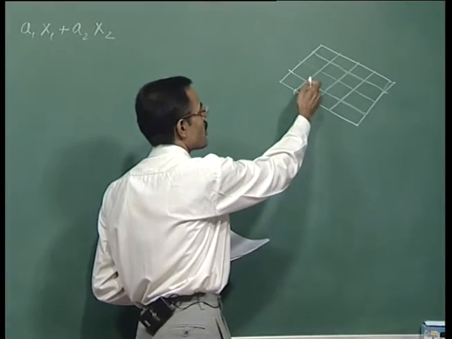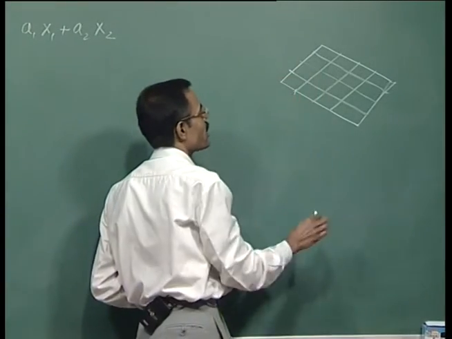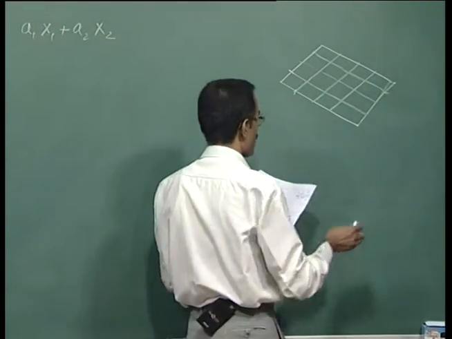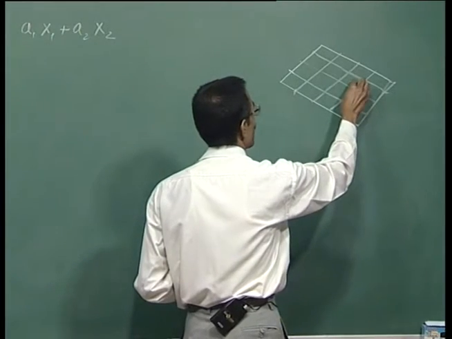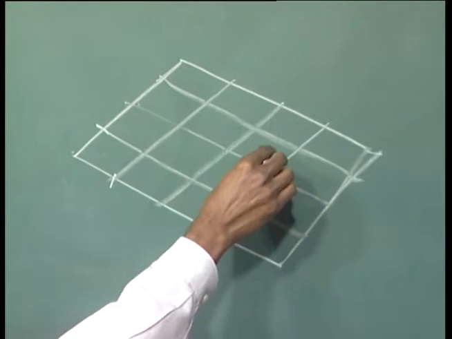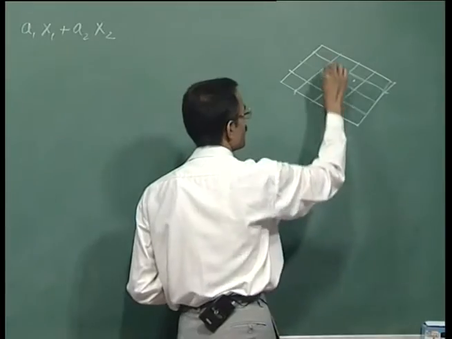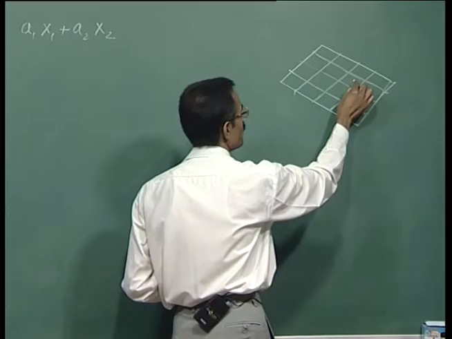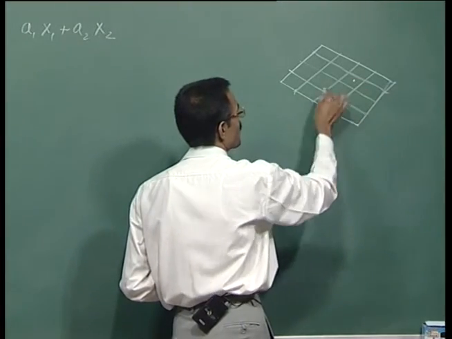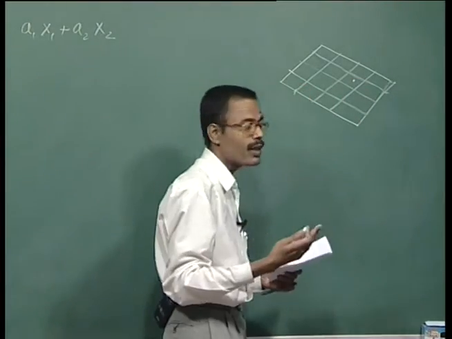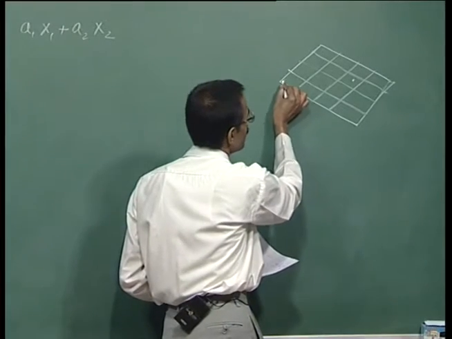Now, suppose this particular table is kept and you want to know the distances along this and along this edge of the table, which will take you here. Distances not in centimeters, but in terms of the steps.